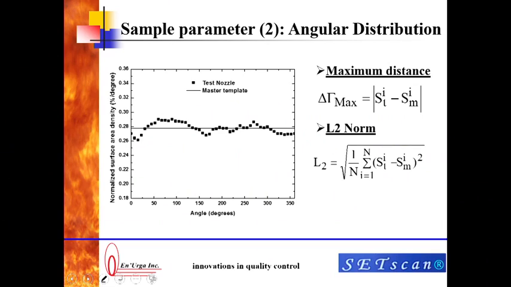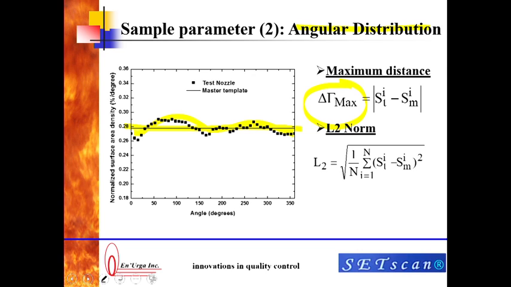The second parameter is the angular distribution. When you have a perfectly symmetric spray, the entire angular distribution should be uniform. In most cases, your spray will have some deviation from uniformity, where it will go in a zigzag manner around the desired objective. You can define two parameters based on the angular distribution.